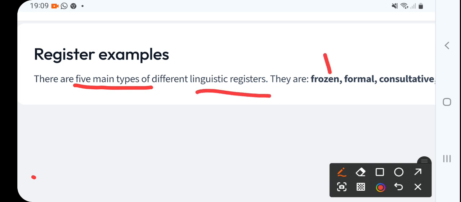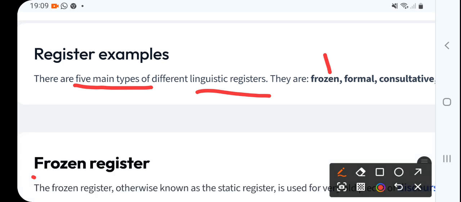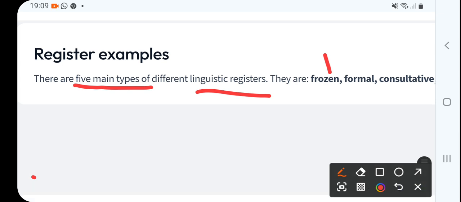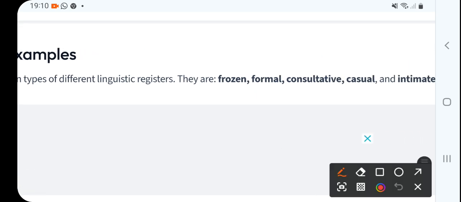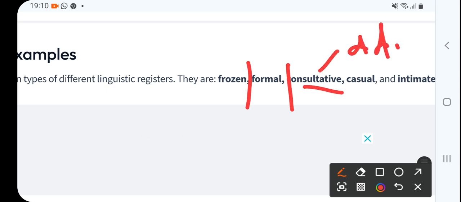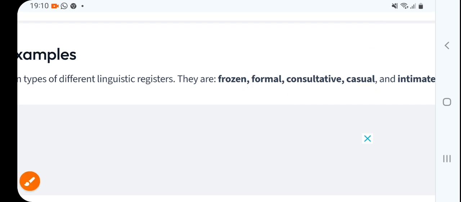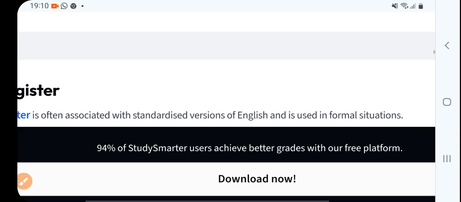Frozen is not going to be changed, because everything will be spoken with a particular tone, with common sentences this way. Formal is for formal letters and all, as the name suggests. Consultative is for advice, when we take advice or training or something. Casual is casual. Intimate shows intimacy, right? So these are what we have discussed here.